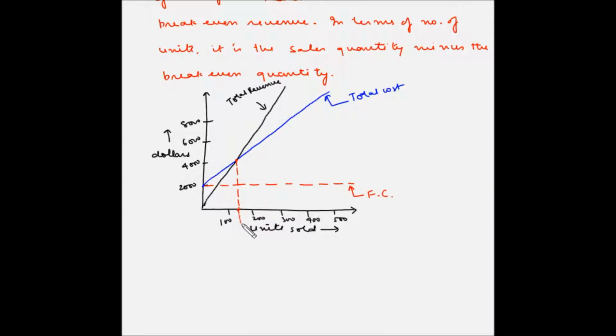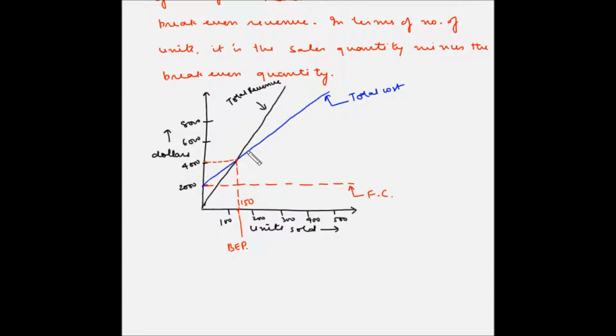So this is the point which is representative of the break-even point. So let's say this is 150 units, and if we draw a line parallel to the x-axis, we'll get the dollar amount for the break-even point.